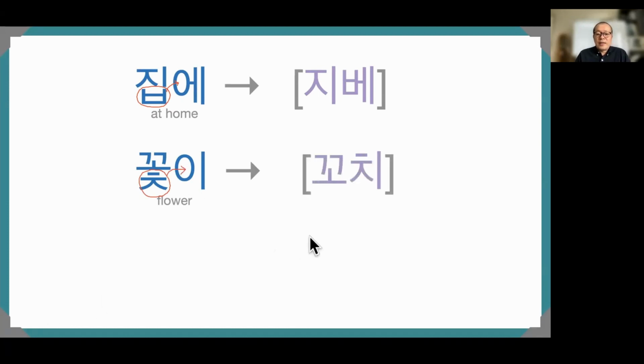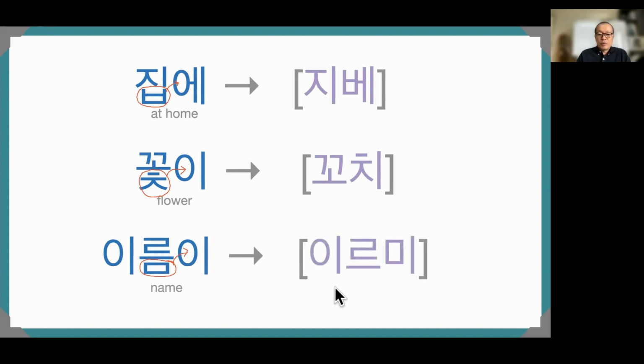So the pronunciation is 꽃이, 꽃이. And next one. Also, this final consonant moves to here. So when we read, 이름이, 이름이. Okay, let's practice one more time. Please read this. 집에, 꽃이, 이름이.